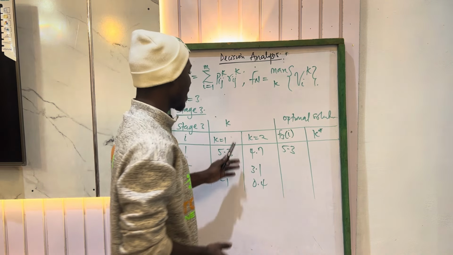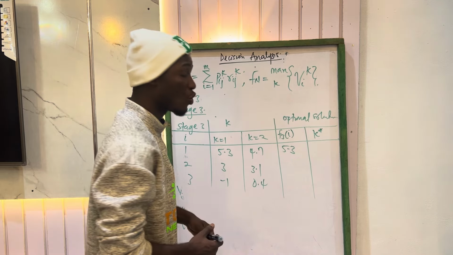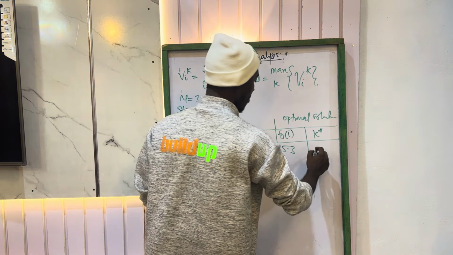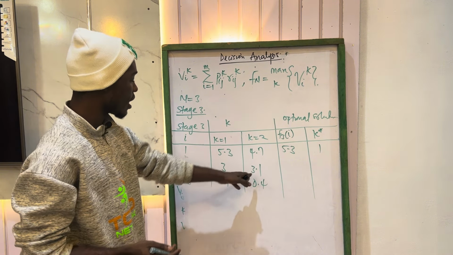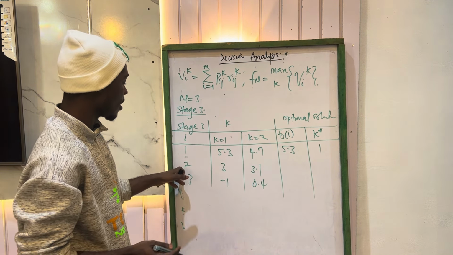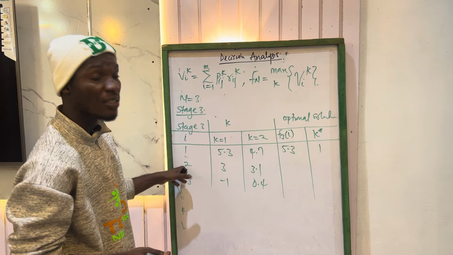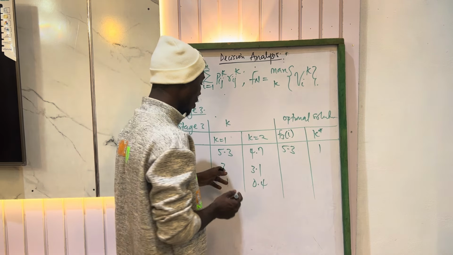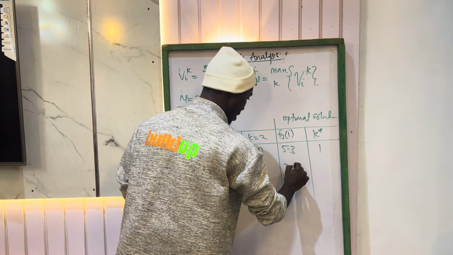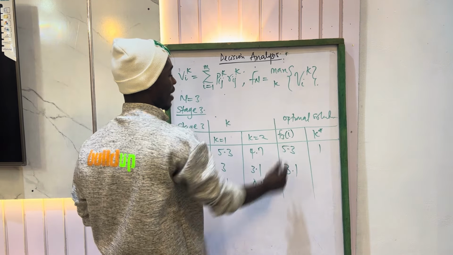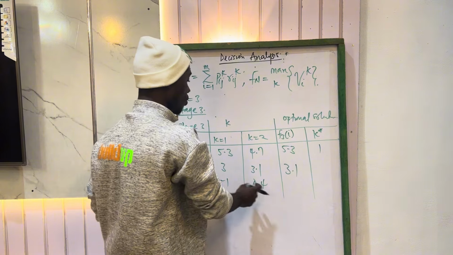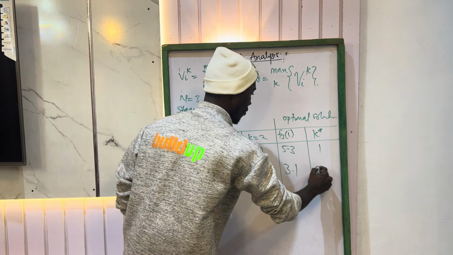Then at this point, which decision should we go for? Decision of K equals 1. So we go for decision 1. Then which one is at a state where the soil is poor, which is state 2? Which one are you going for? 3.1, which is the bigger one. So what's going to be the solution? That is the optimum K. If you say K equals 2, then you are right.